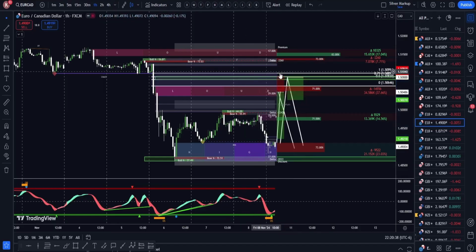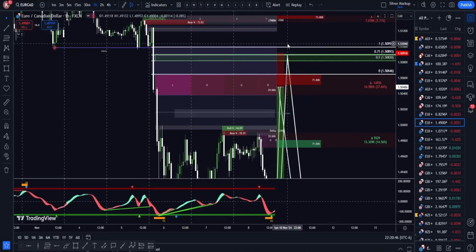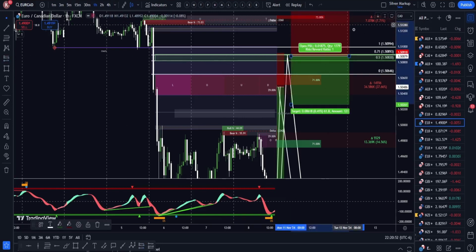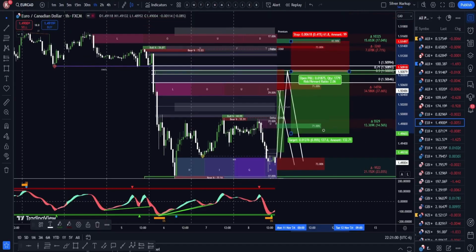But I can get into this trade, kind of zoom in so you can see. Stop loss is really short. Let me redo it. So entry being in here, target being back to this level, kind of back inside them.